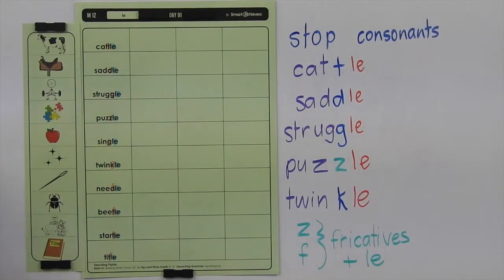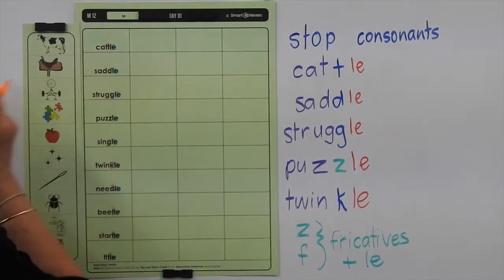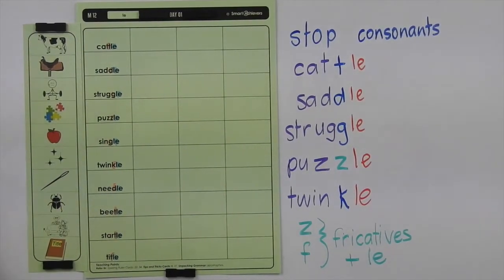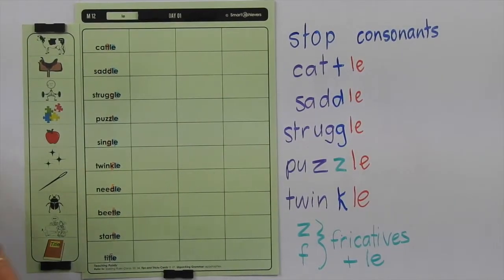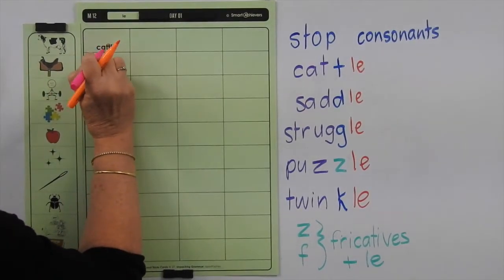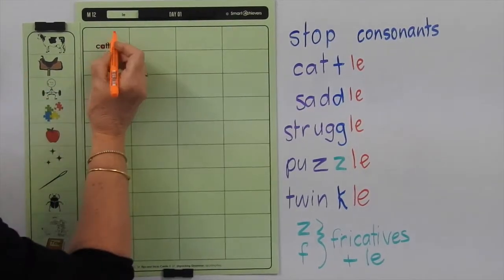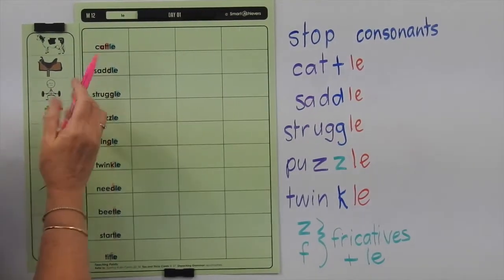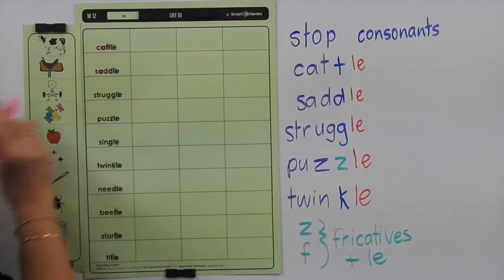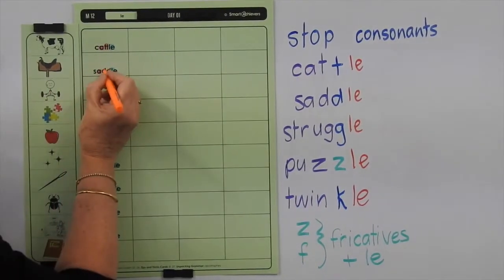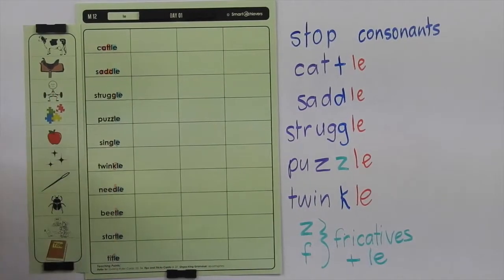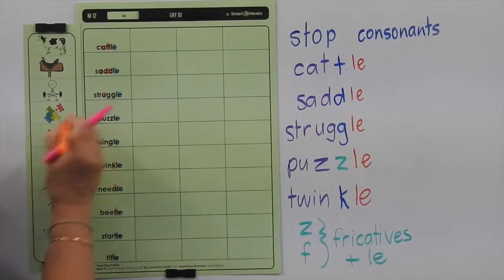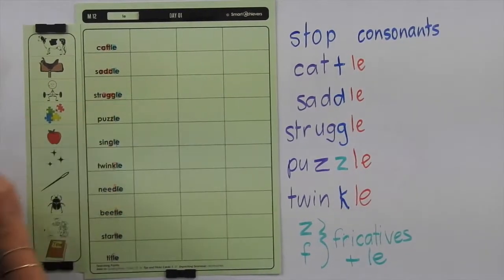Now we can go back and we can see that if we have a short vowel sound, so let's have a look at cattle. We have a short A sound, short vowel sound, so we double the T after that short vowel sound. Saddle, we've got a short A sound, so we double the D after a short vowel sound. Struggle, a short U sound, so we double the G after the short vowel sound.